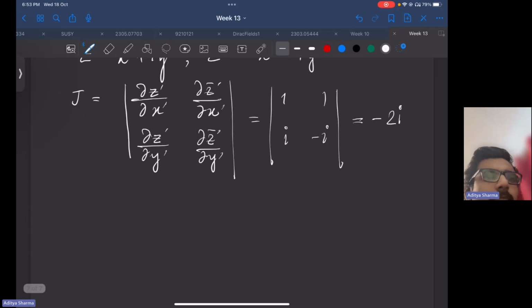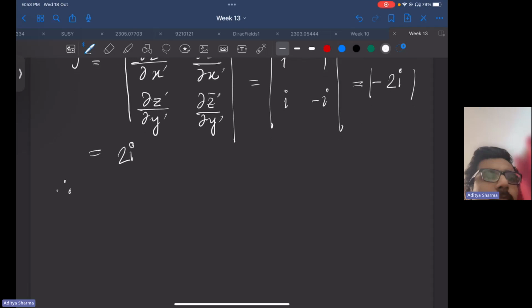Minus 2y. I'll put a mod here because I don't want the minus. Just 2y. Therefore, we have dz bar is equal to 2y dx dy. Okay.